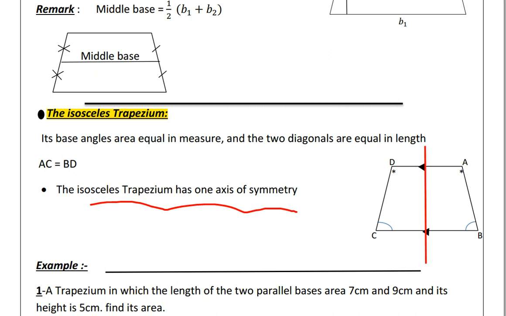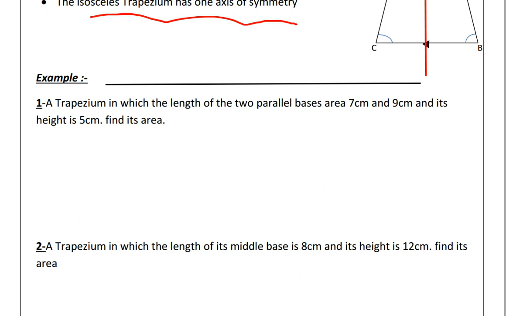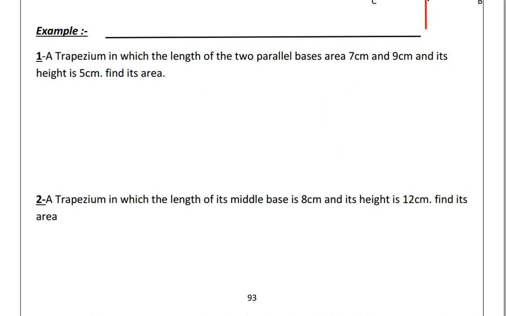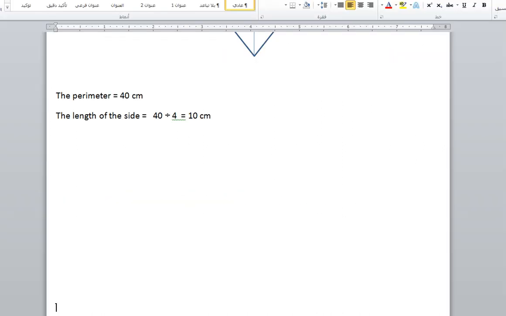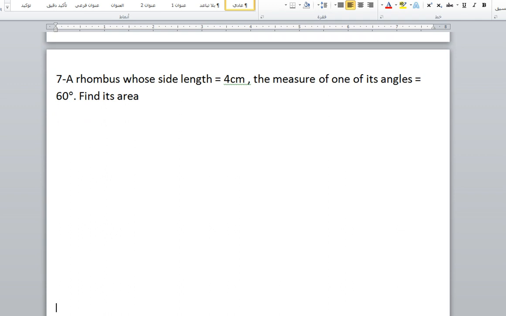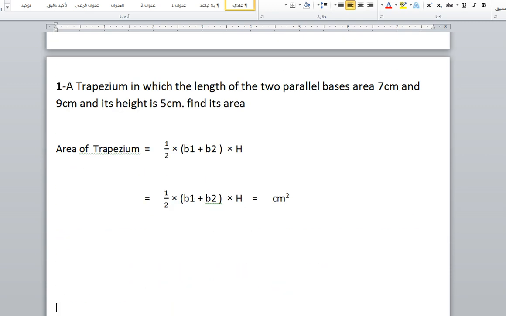Okay, so let's go to example number 1. A trapezium in which the lengths of the two parallel bases are 7 and 9, and its height is 5. Find its area. Okay, so we'll use the rule directly. We will multiply half by base 1 plus base 2 by height.